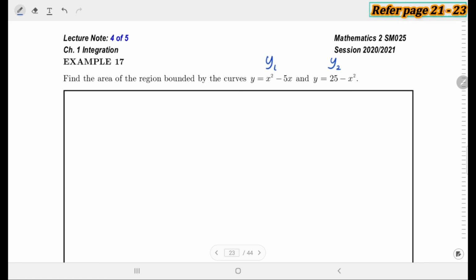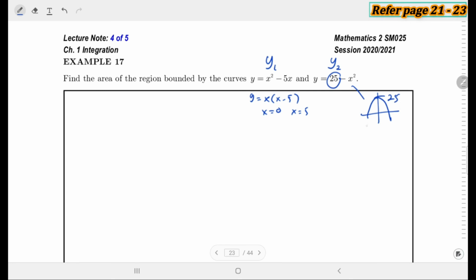To sketch, this is a positive quadratic function, x squared minus 5x, so x times x minus 5. The roots are x equals 0 and x equals 5. On the other side is a negative quadratic that will intersect at 25.